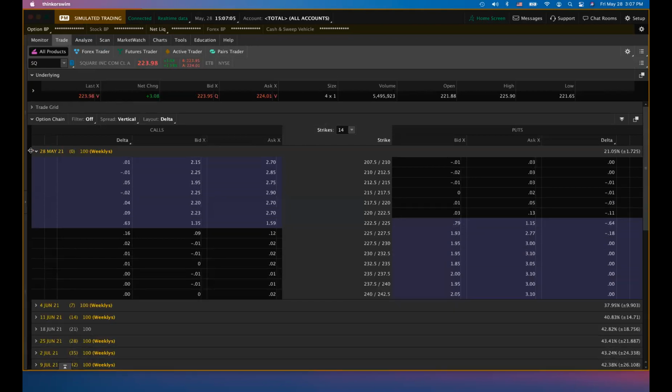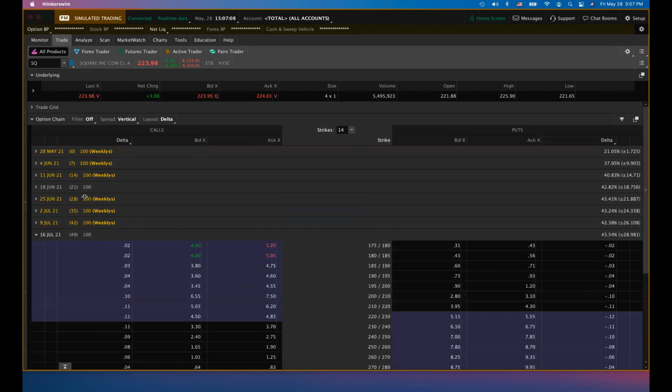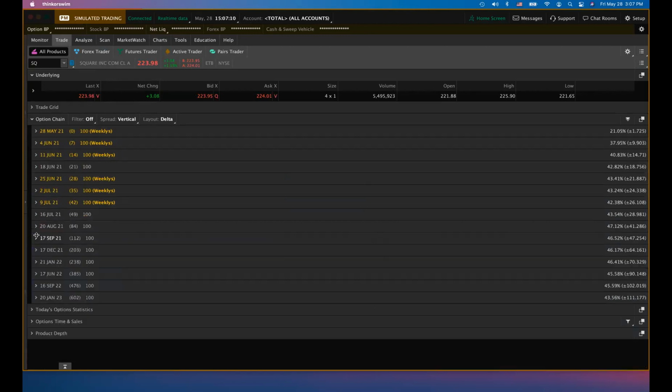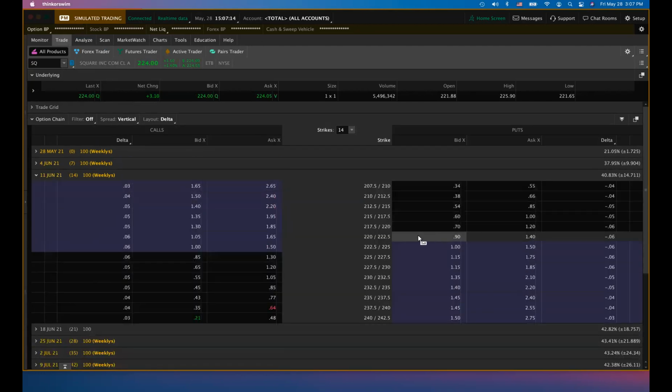Two weeks away would be 11 June, right? And we're thinking about the 220 strike. You see how it's not in the money because it doesn't have the little blue square on the put side. Yep, and that's what I was trying to do.